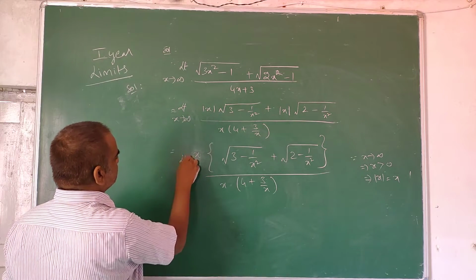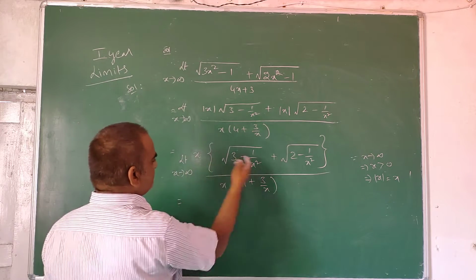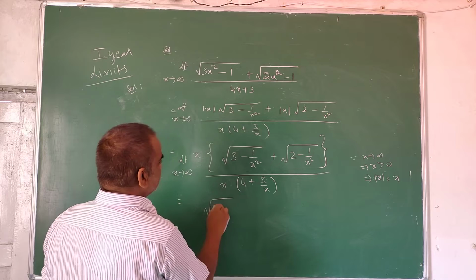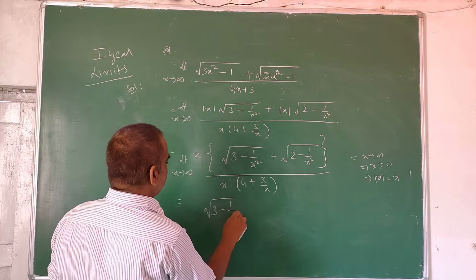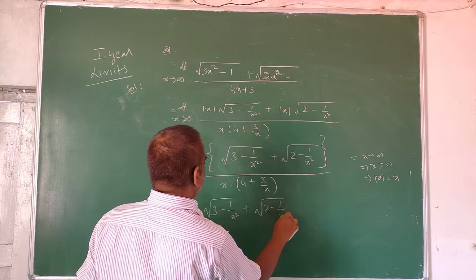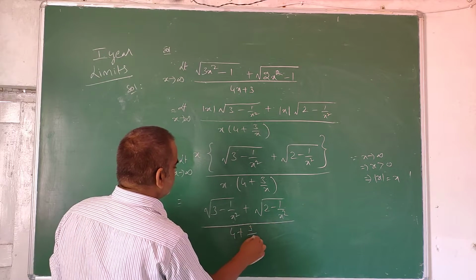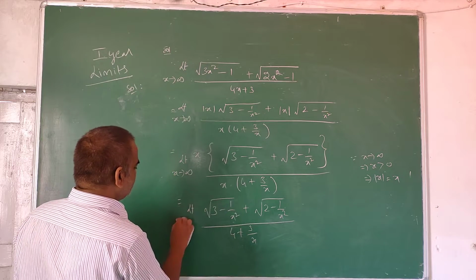As limit x tends to infinity, now this x and x get cancelled. So now this is (root over 3 minus 1 by x square plus root over 2 minus 1 by x square) divided by (4 plus 3 by x) as limit x tends to infinity.